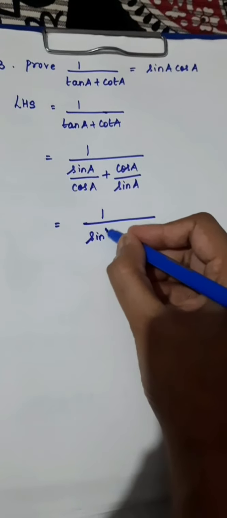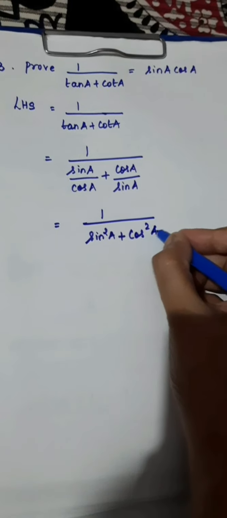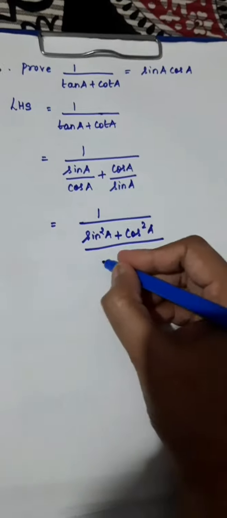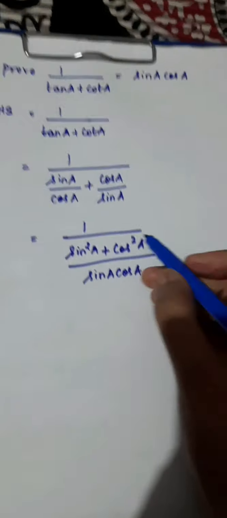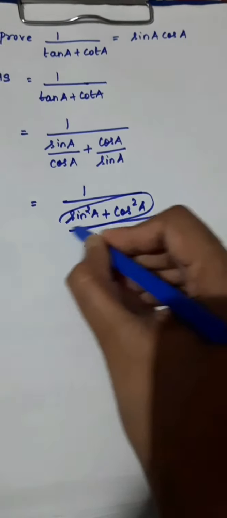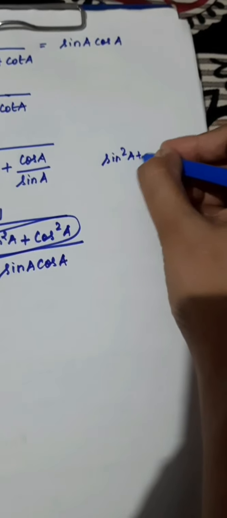Sin square A plus cos square A by cos A sin A. Sin A or cos A, order doesn't matter in multiplication. As per the Pythagoras theorem identity, sin square A plus cos square A equal to 1.